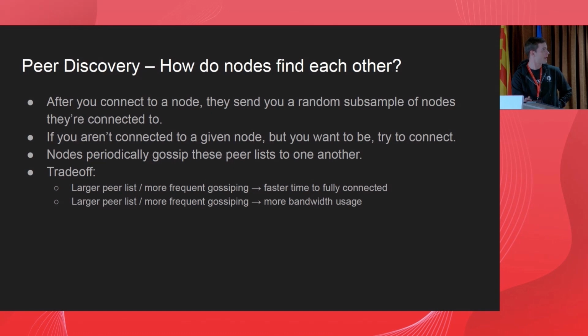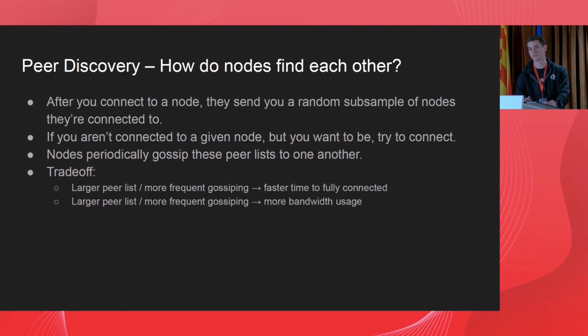Okay, so how do peers actually find each other? Because when you start this program, Avalanche Go, you're not connected to anybody. And eventually you need to get connected to all of the validators. Or if you're a validator, you need to get connected to everybody. So how do you actually find each other?